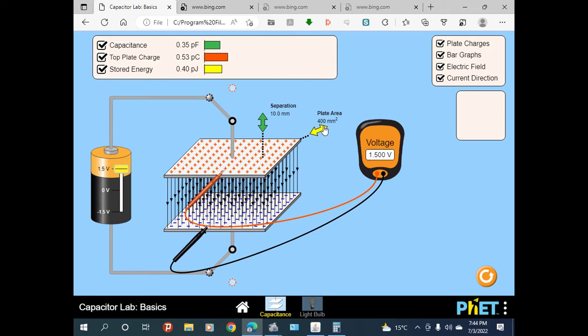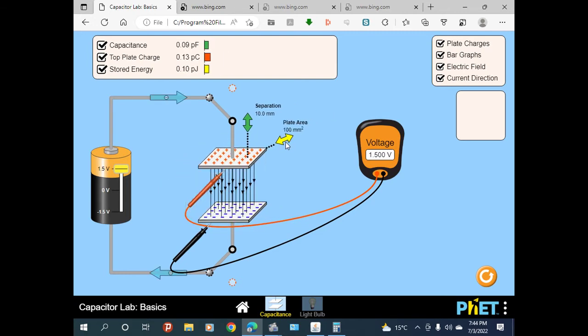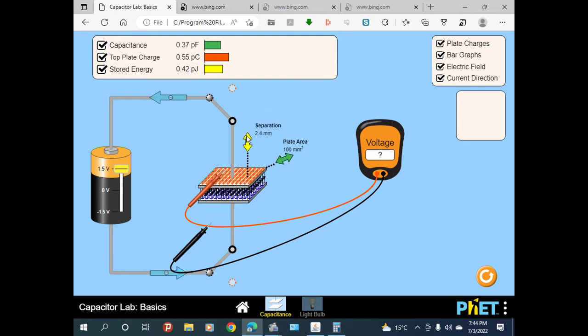And when the separation between the two plates is decreasing, the capacitance of a capacitor increases, which means capacitance is inversely proportional to the separation distance between the two plates.